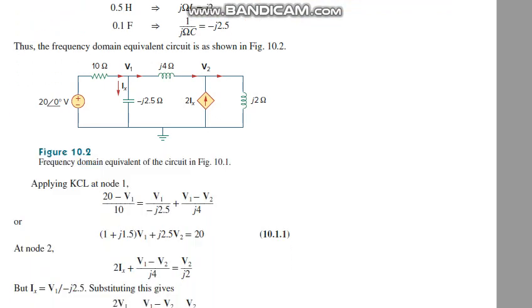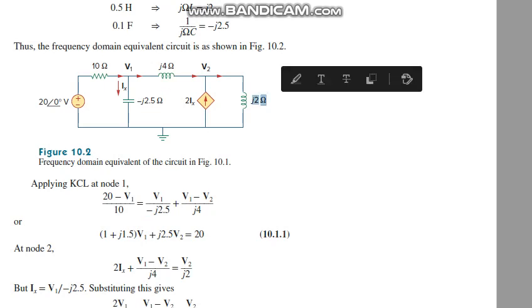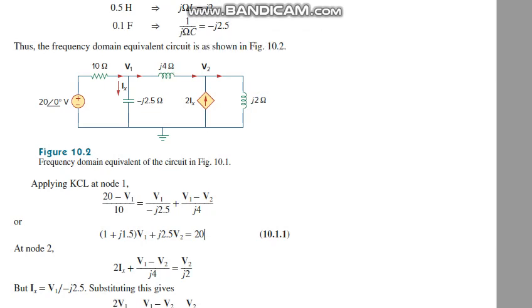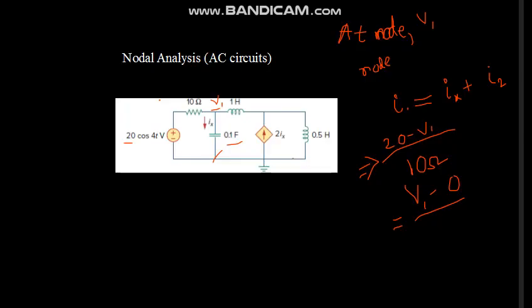You can now see V1 divided by minus j2.5 ohms, since it is minus j2.5 ohms. Go to the open board: minus 2.5j ohms.